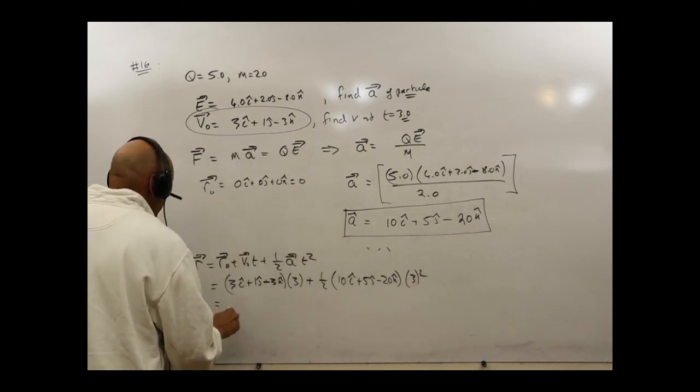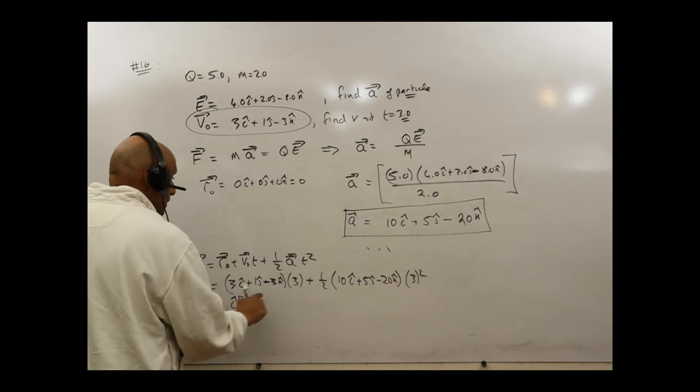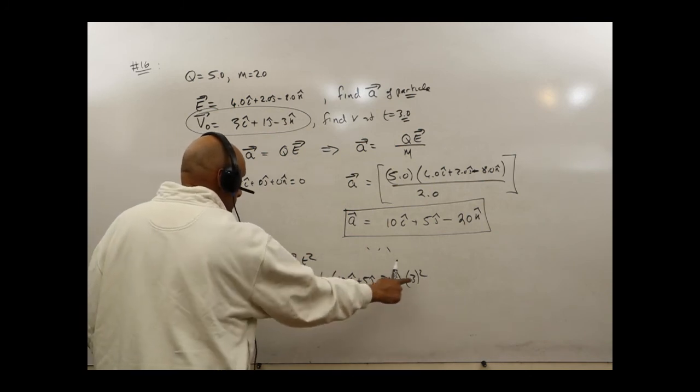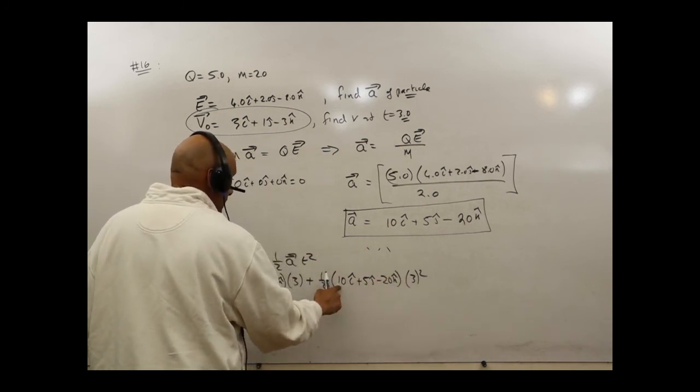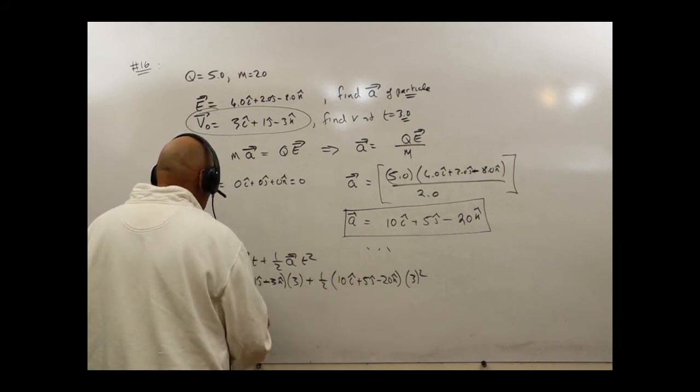I'll just expand the i component. Here's your i component, which is 3 times 3 is 9, and then there's an i component over here, which is 9 times 10 divided by 2, so 90 divided by 2 is 45.